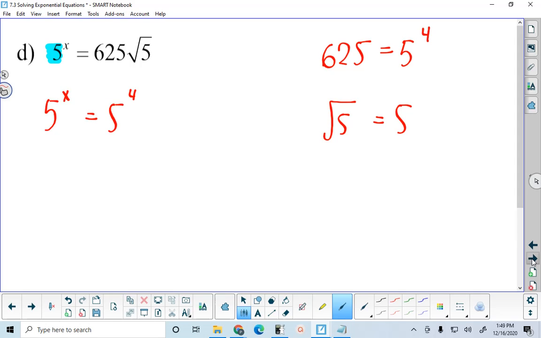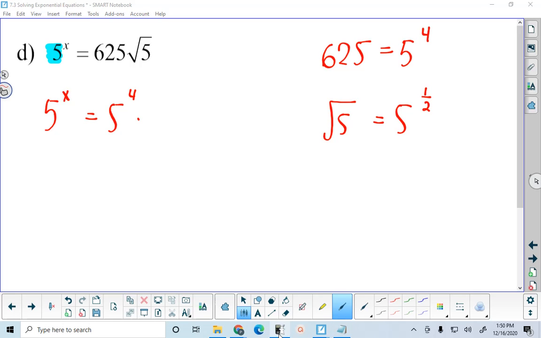Now, what do you raise 5 to get the square root of 5? 1/2. We need to remember, this is from Math 10, that a square root is equivalent to a power of 1/2.